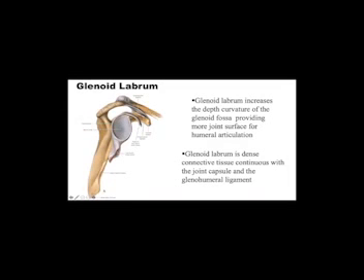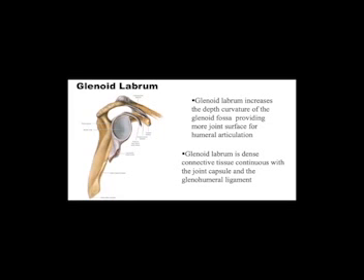So the labrum is the dense connective tissue which deepens the glenoid cavity. The glenoid fossa, as we mentioned, is very shallow, like, if you play golf, the tee that you place your golf ball on top of.